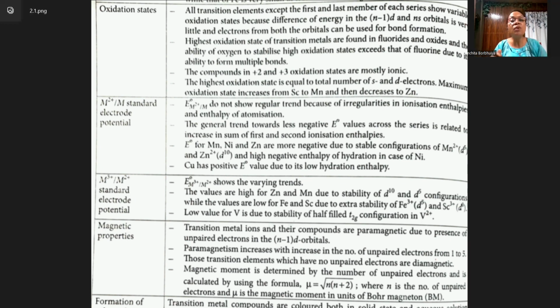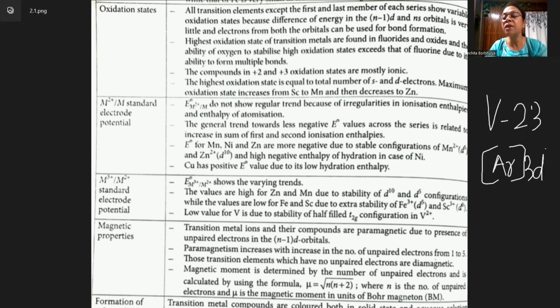And the low value of vanadium is due to the stability of the half-filled t2g in the V2+ configuration. Let me explain this to you all. Vanadium, atomic number 23, has electronic configuration argon 3d3 4s2. If both the electrons are removed, you are left with V2+.